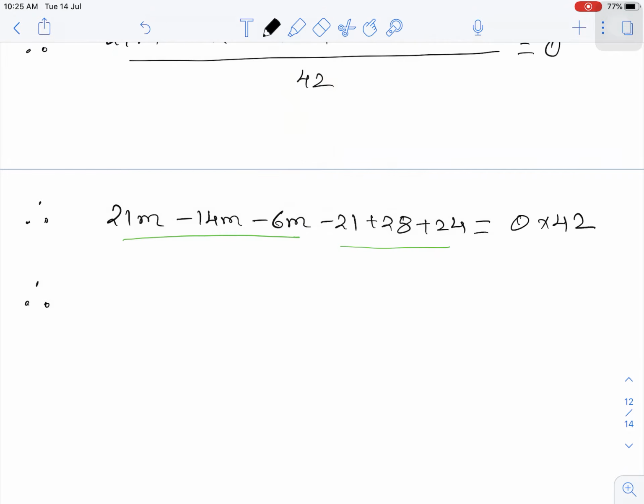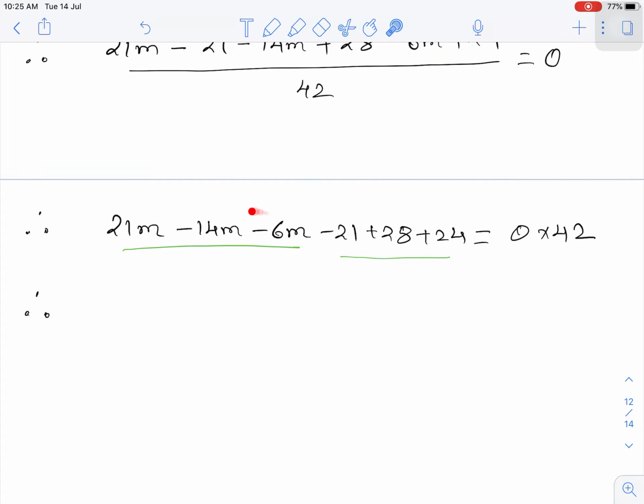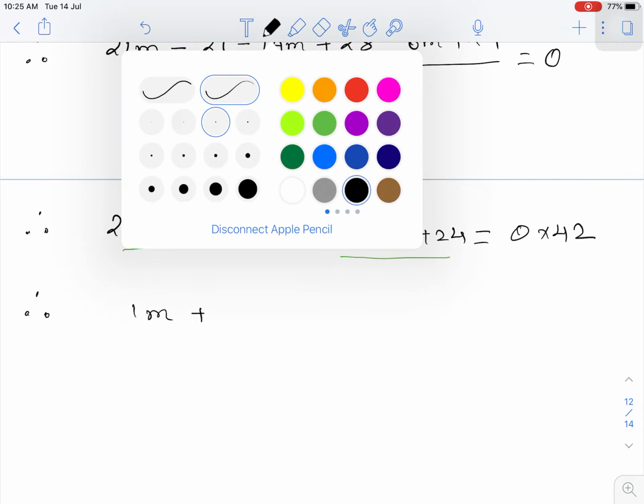Now remember that these all are like terms, so we can add or subtract the like terms. Okay, let me write it stepwise so it will be easy for you to understand. Let us make it in pair.